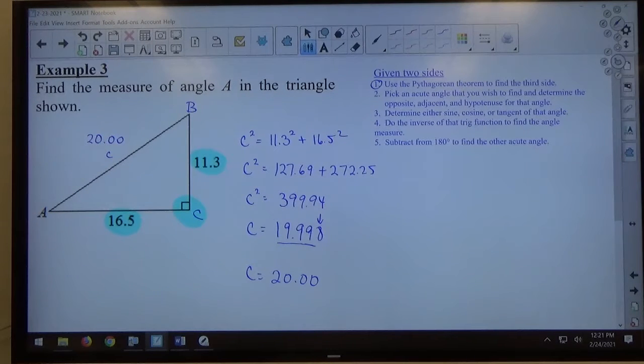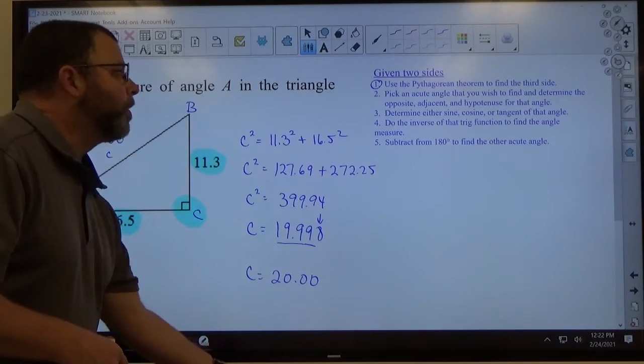And if you have to round a 9 up, keep going left until you find a number that's not 9. That goes up 1, all the 9s become zeros. All right, so C is 20.00, and 20.00 is a better answer than 20 because that shows the person who's looking at your work that that's not exactly 20, that's been rounded to 20. All right, so again, gets back to significant ideas, significant digits, things like that.